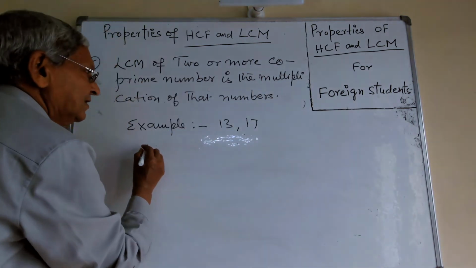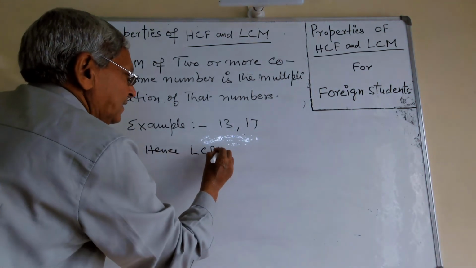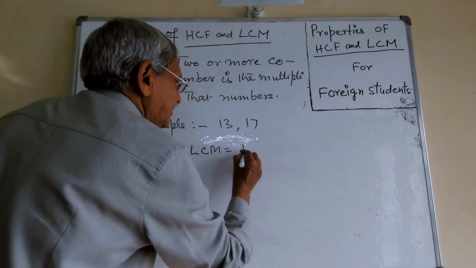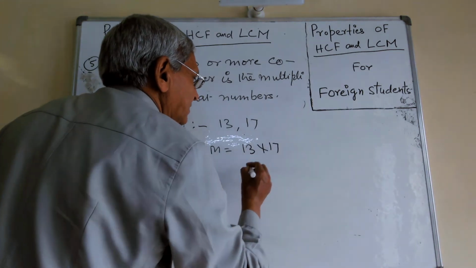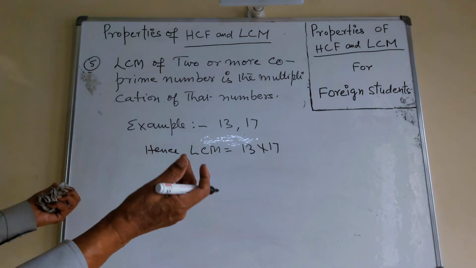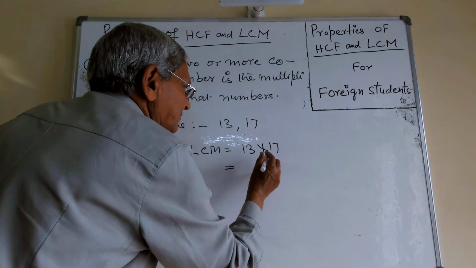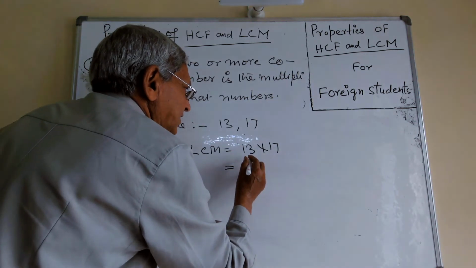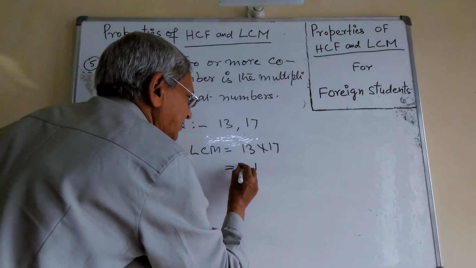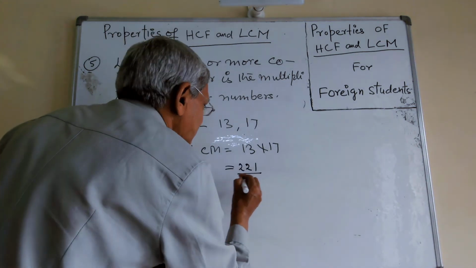Hence, LCM is equal to 13 into 17, because the LCM of co-prime numbers is the multiplication of the given numbers. 17 threes are 51, 17 ones are 17, plus 5 is 22. This is the LCM.